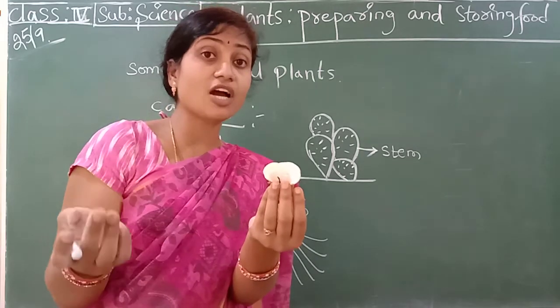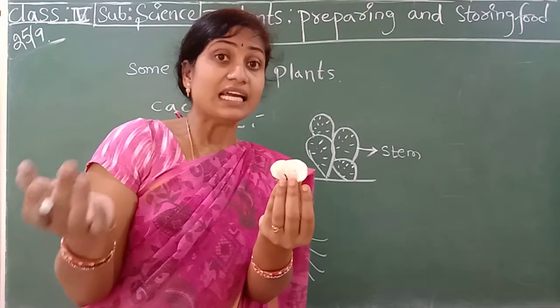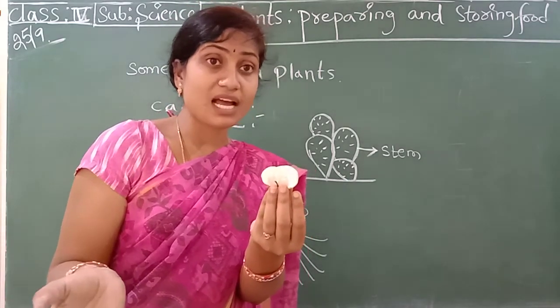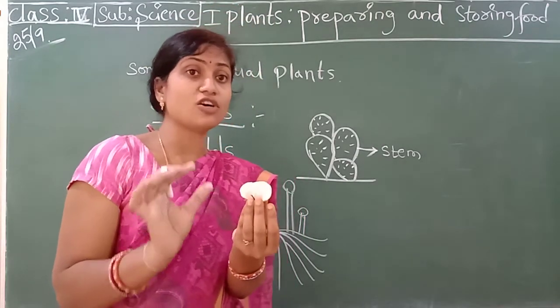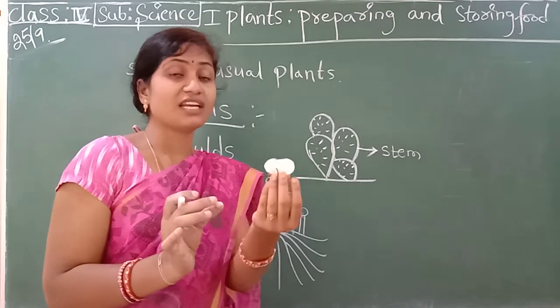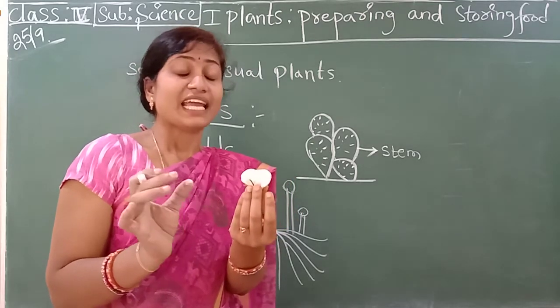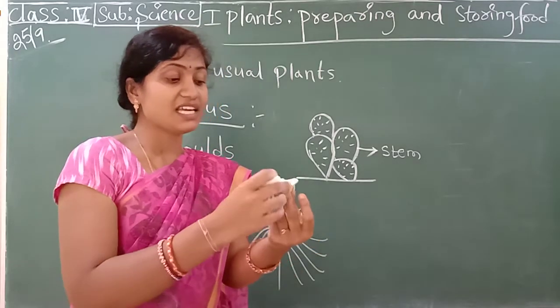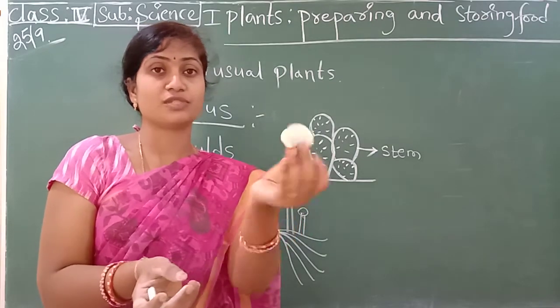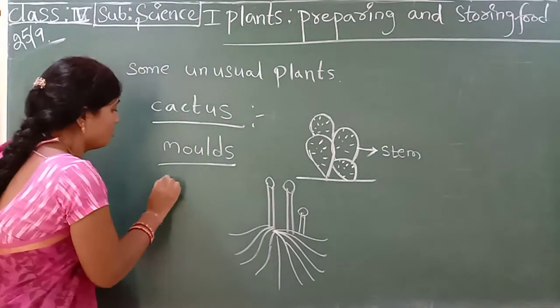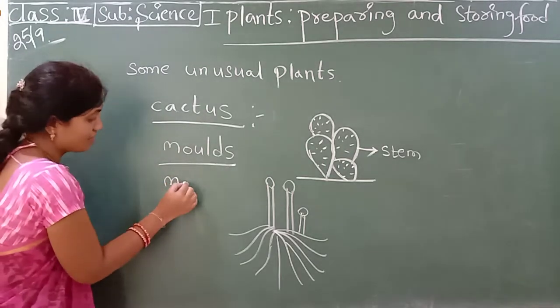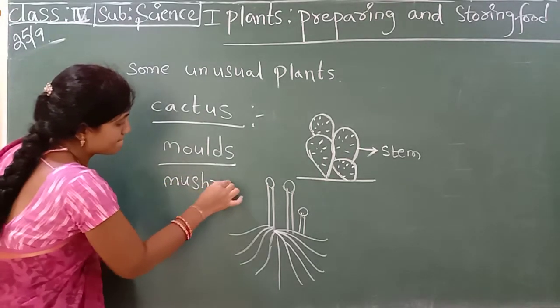They depend on decaying plants and animals. So molds and mushrooms depend on decaying plants and animals.